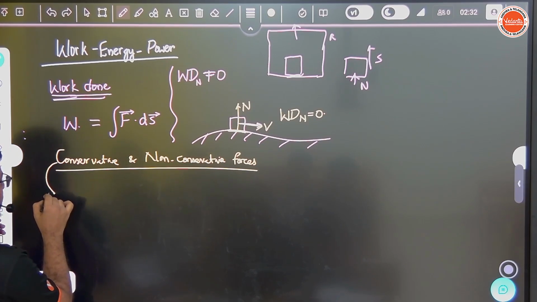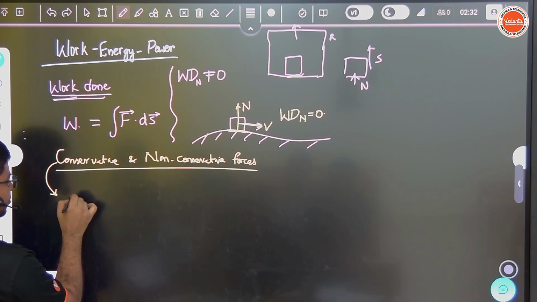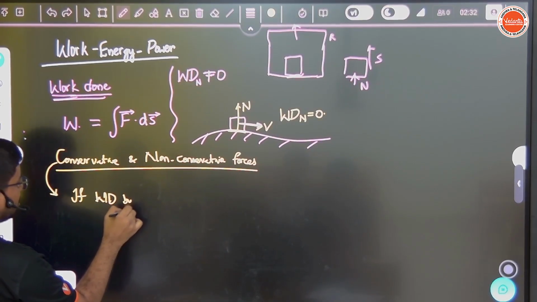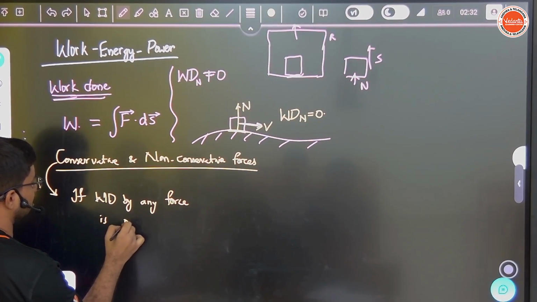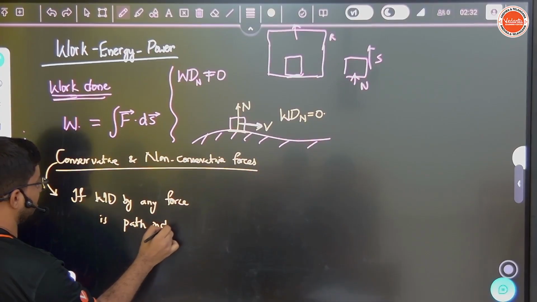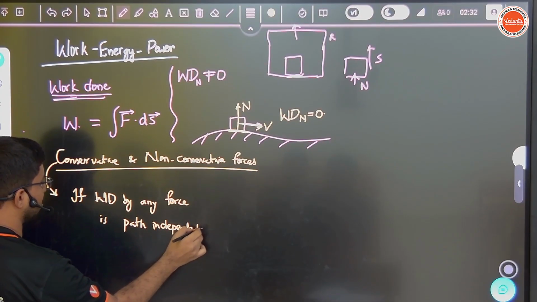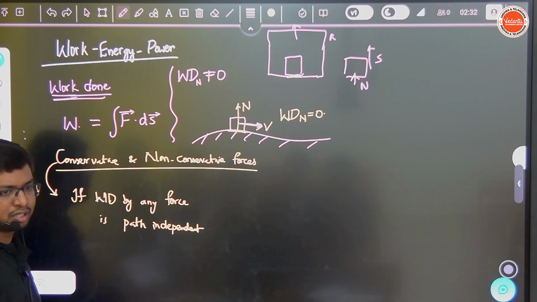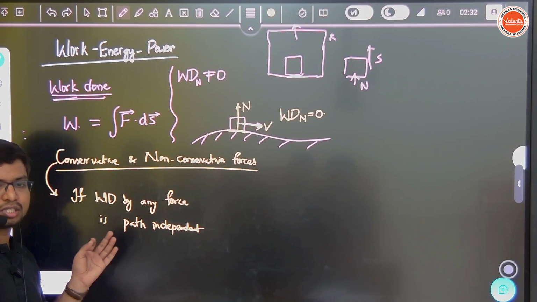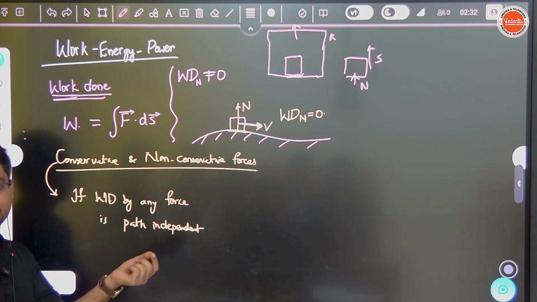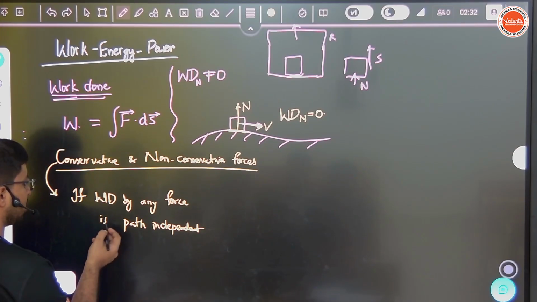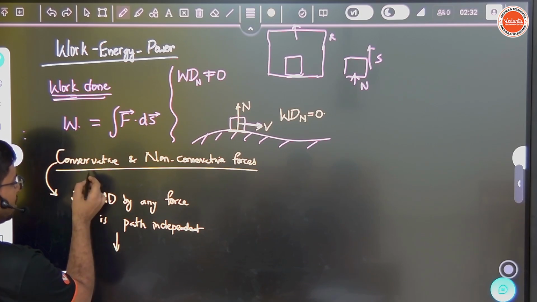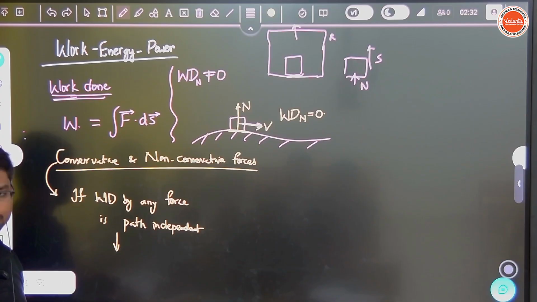Then now come to the conservative and non-conservative forces. I'm going to define a conservative force as follows: if work done by any force is path independent, that means it should just depend upon the initial point and the final point, then such a force you call the conservative force, right?